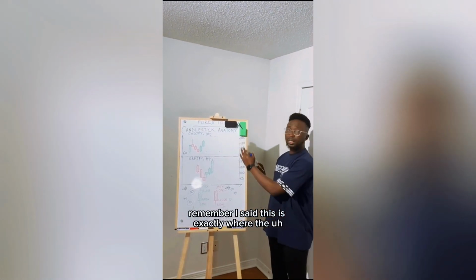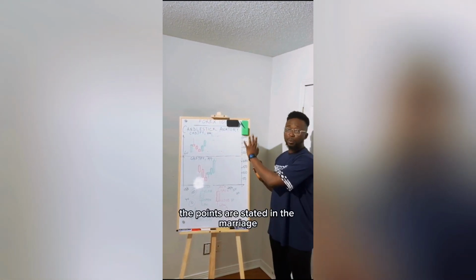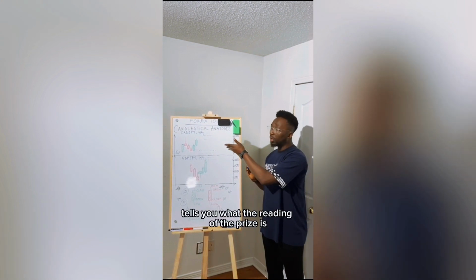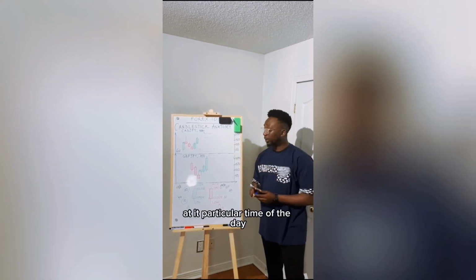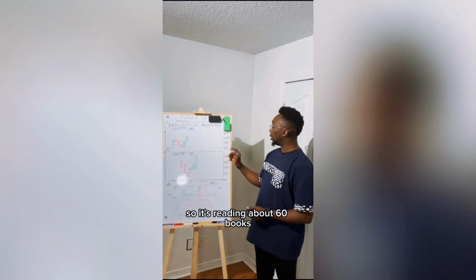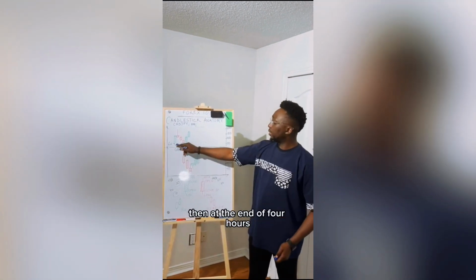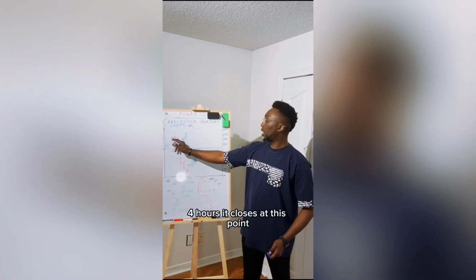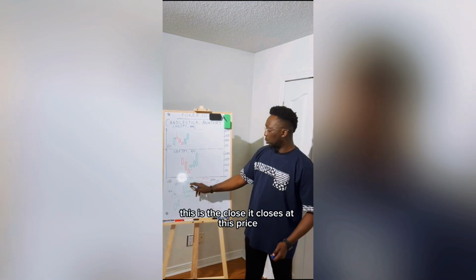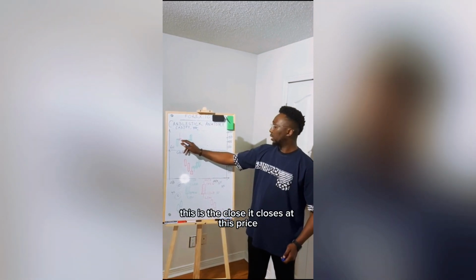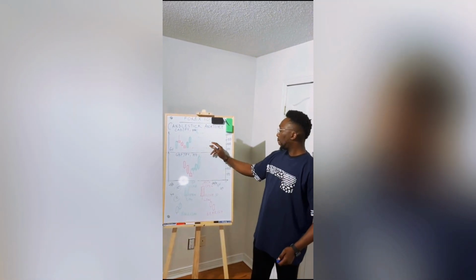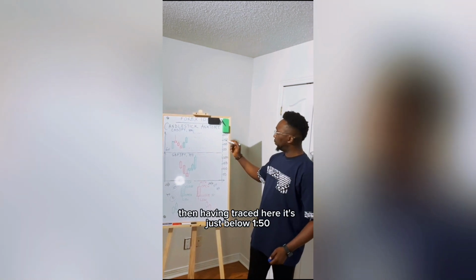Remember, I said this is exactly where the points are stated. The numerics tell you what the reading of the price is at each particular time of the day. So it's reading about $60. Then at the end of 4 hours, it closes at this point. This is the close. Then you trace, and having traced here, it's just below 150.